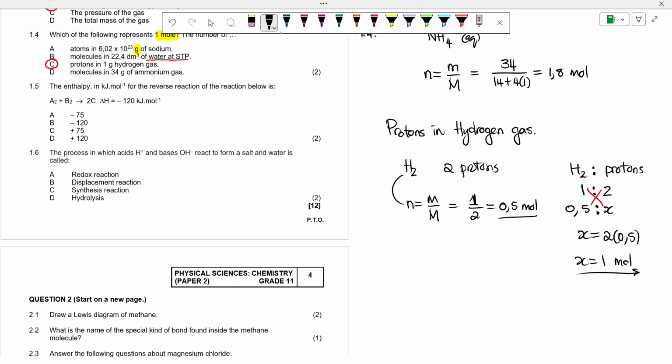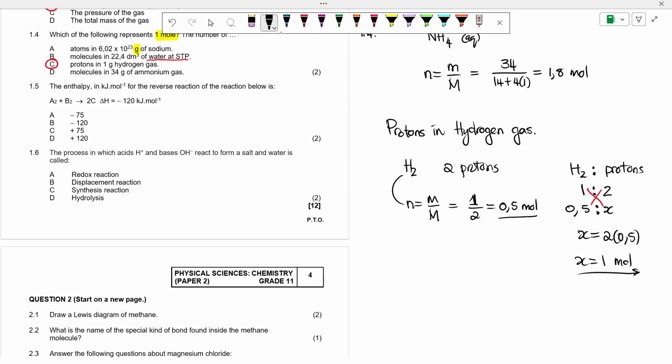All right, 1.5. The enthalpy in kilojoules per mole for the reverse reaction of the reaction below is what? Okay, this one is like a cool down from 1.4. Should be straightforward.